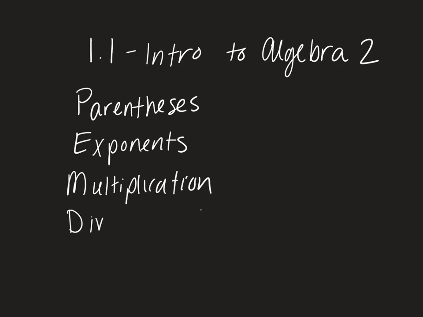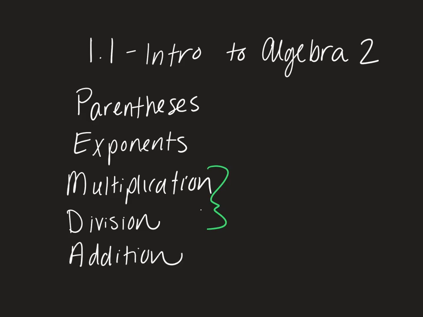D is division. And remember, multiplication and division kind of go together. You have addition and subtraction, right, which also go together. Remember that for multiplication and division, and addition and subtraction, you do those in the order that they appear from left to right.